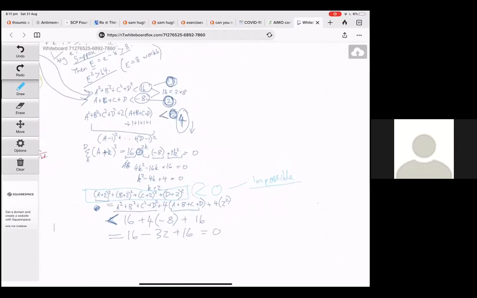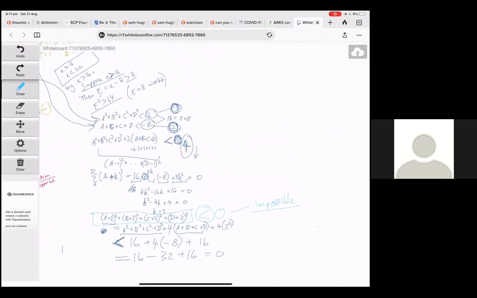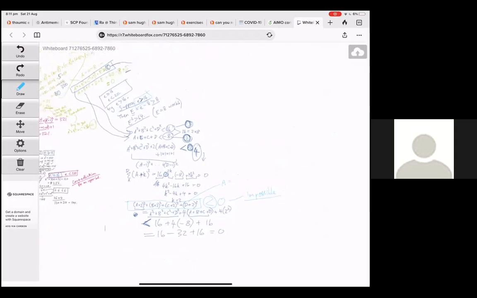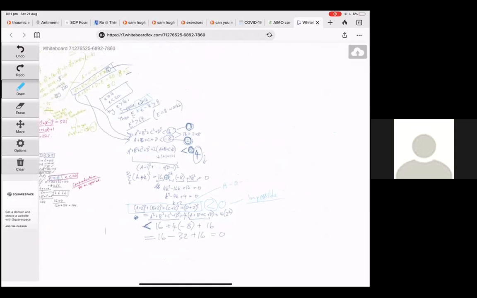And we got the less than 0 from supposing at the very beginning that e was bigger than 16. So if e is bigger than 16, then for some real a, b, c, and d, where a was equal to a minus 8, and so on, those are all real, but this all squared and added together needs to give us something negative, and that's not possible in the real number world.